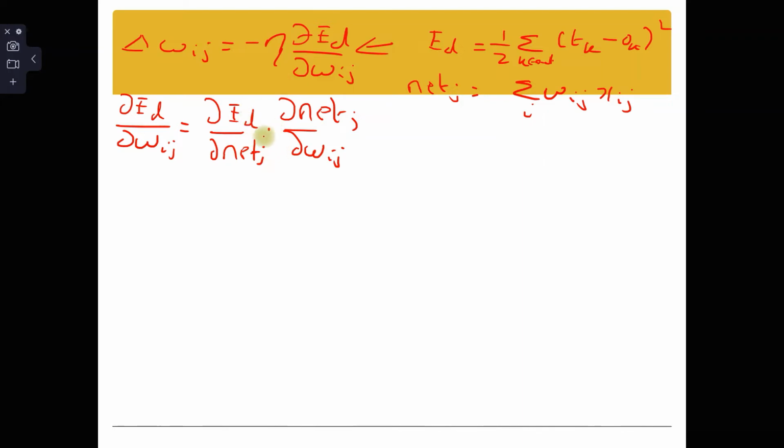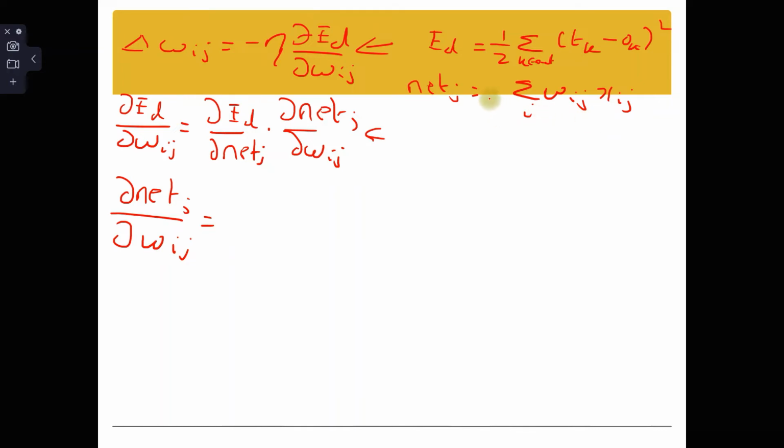Now, what happened here is we'll get into this one first, and then we'll talk about this part. This one is far easier to compute. So what is the partial derivative of net_j with respect to w_ij? Del net_j by del w_ij is equal to what?